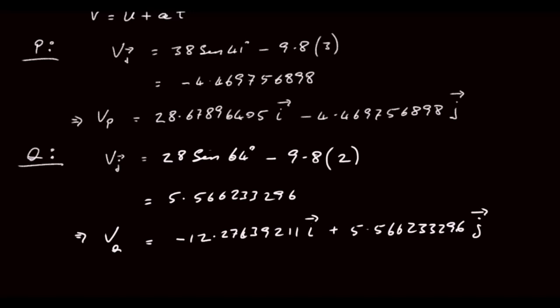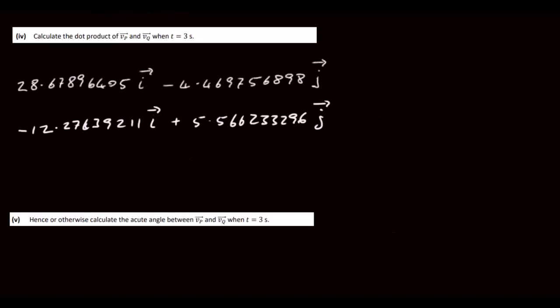So these are our two vectors, so what we've got to do is the velocity of P dot the velocity of Q. So all you've got to do here is multiply these two numbers, these two numbers, and add them. So when you do that, your answer is minus 376.8965597. And that's really it for part 4.